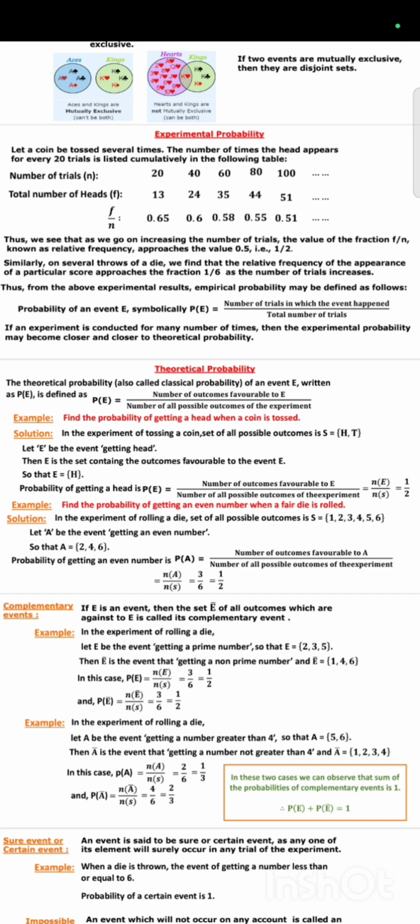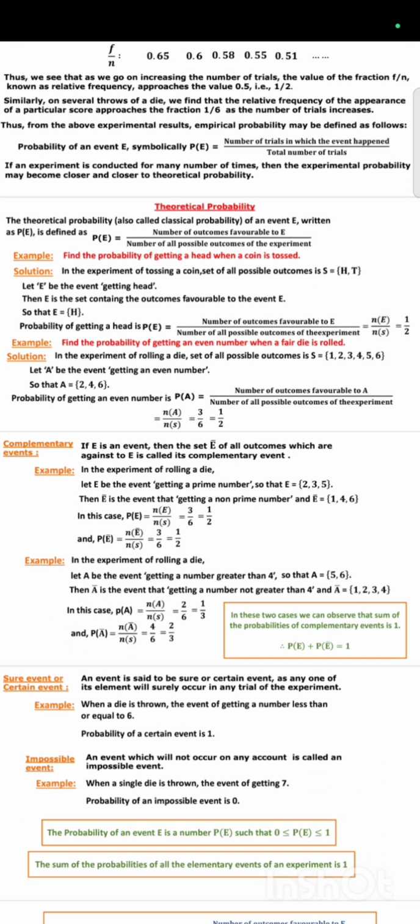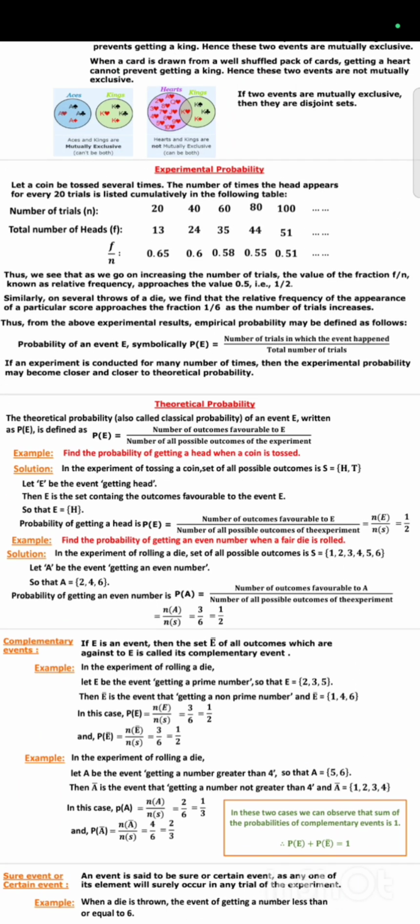And finally, the probability definition: the probability of an event E is equal to the number of trials in which the event happened divided by the total number of trials. Here is one experimental probability: take a coin and toss it 20 times.